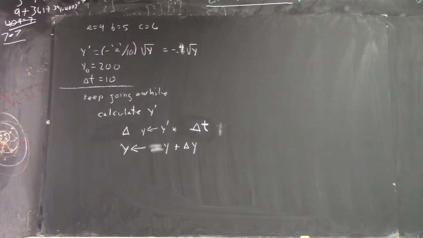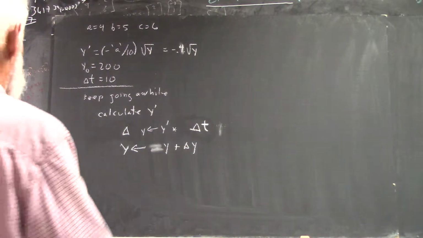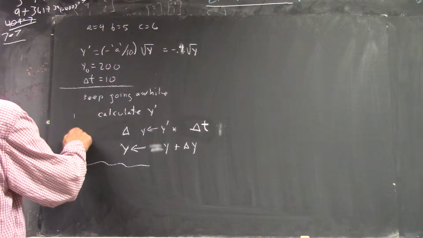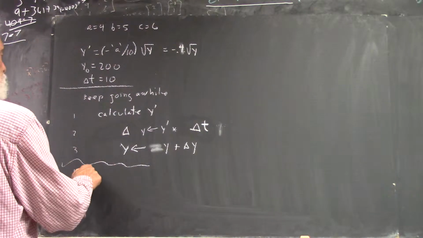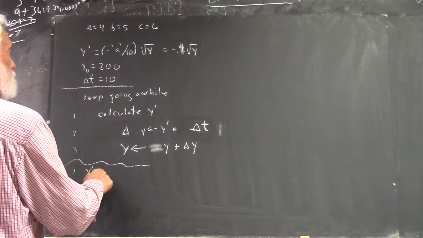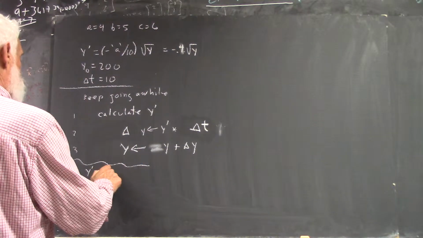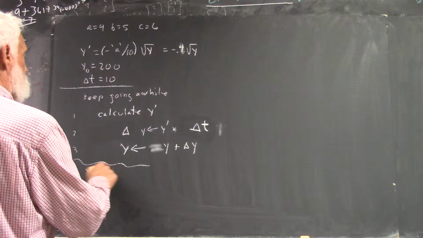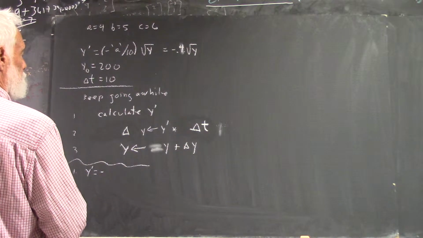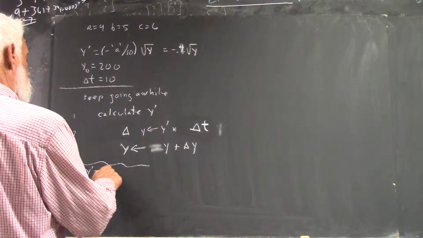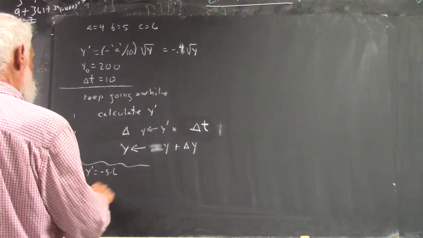Okay? So the first few steps, just call this step 1, 2, 3. Step 1, y prime equals negative 0.4 times the square root of 200. That's going to be like negative, oh man, that's going to be ridiculous. No, it isn't. 14 times 0.4, 5.6, something like that.